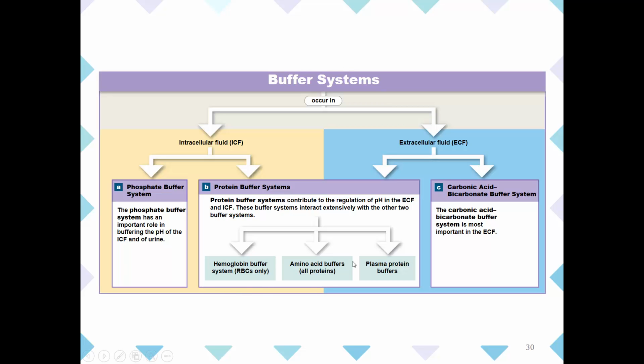Those amino acid buffers can be both inside the cell, or if they're plasma proteins, they can be in the blood plasma. Anywhere you have amino acids, that amino acid buffer system can function. But the carbonic acid bicarbonate buffer system is the most important in the extracellular fluid.